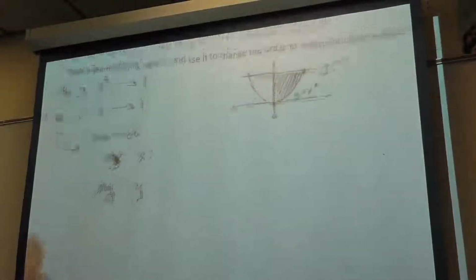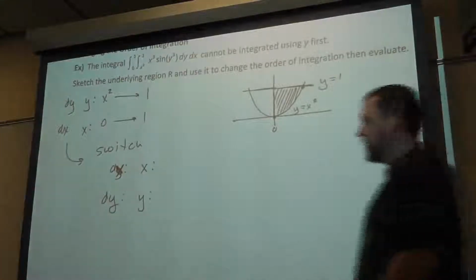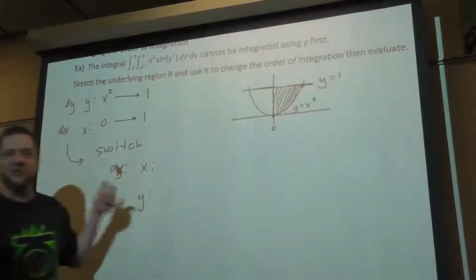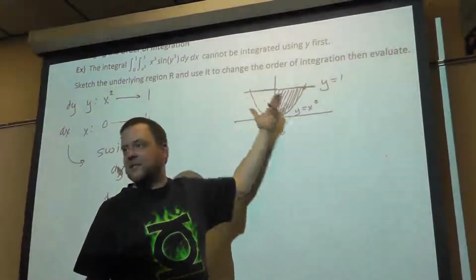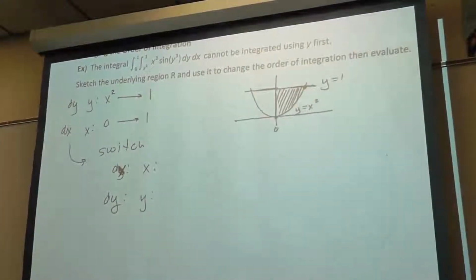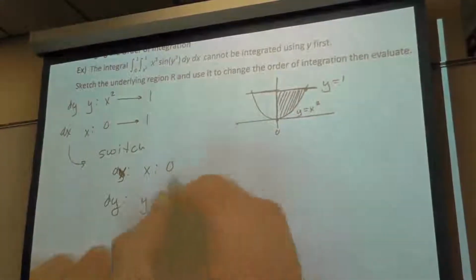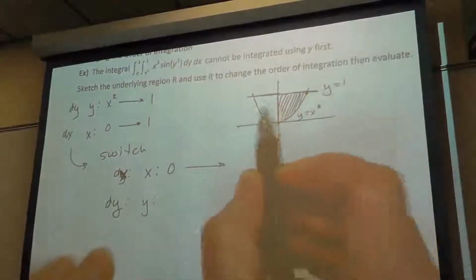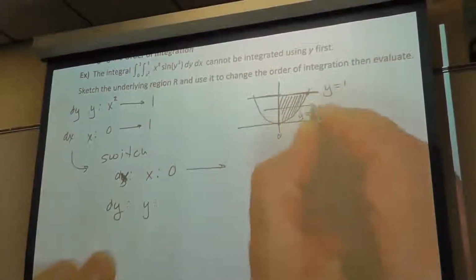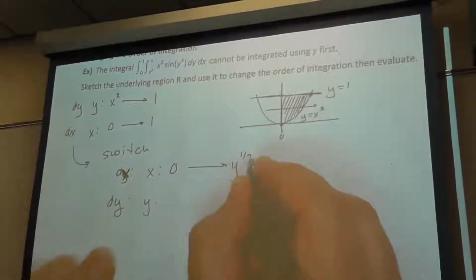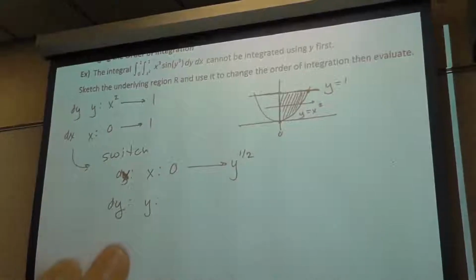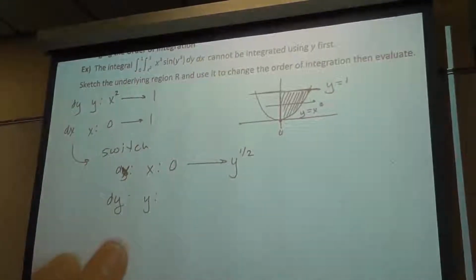Okay, so now starting with this as our space that we're integrating over, if I go in the x direction first, the first thing you hit is the y-axis. So x equals 0 is your entrance boundary, giving a lower limit of 0. Your exit boundary for x is going to be the positive square root of y. So if you don't mind, I'm going to write that as y to the half, because that's the way I'll enter it when I do my integration.